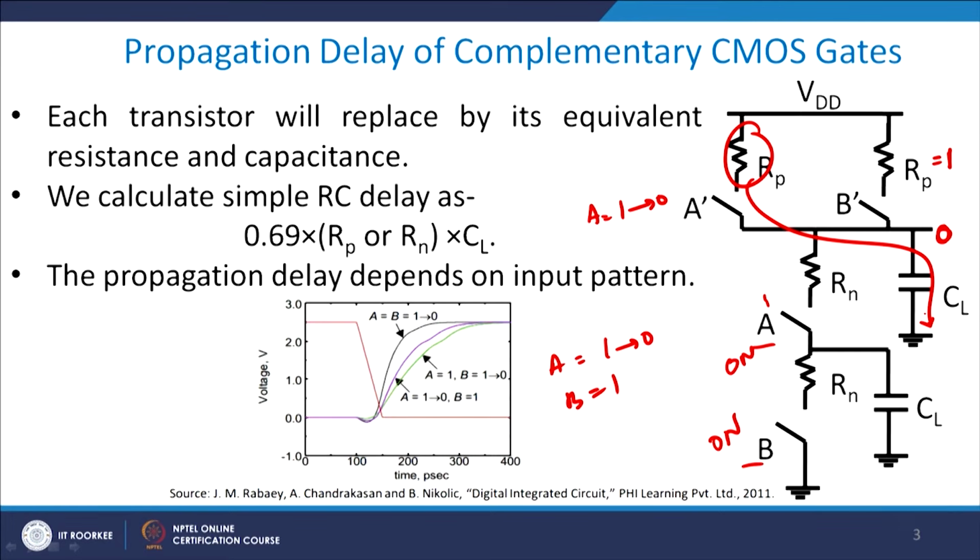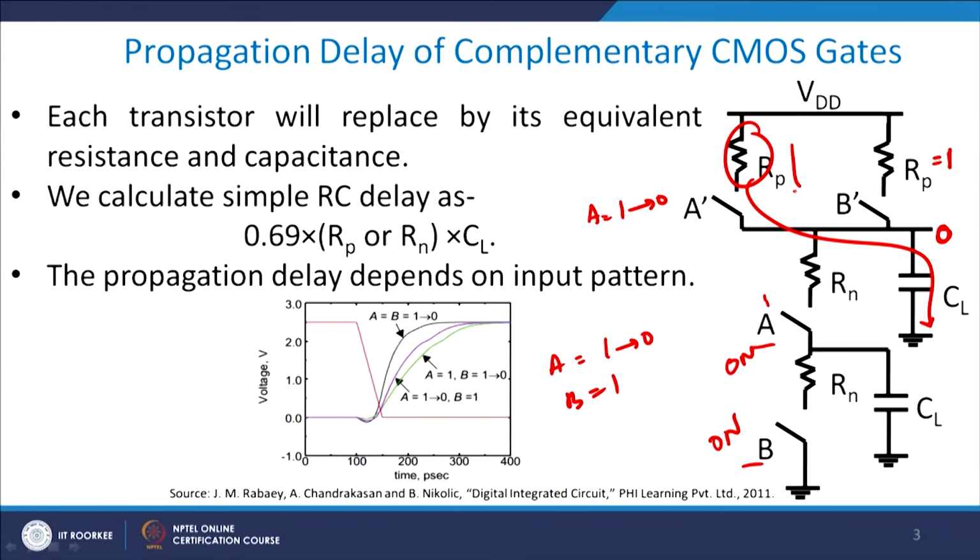My lower path gets broken off, and my upper part gets charged through this Rp value, and therefore you see, for A equals 1 to 0, B equals 1, the violet color diagram which you see in front of you gives you the value.